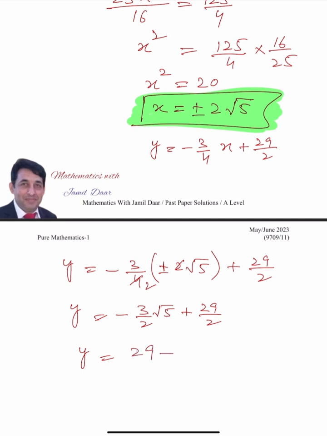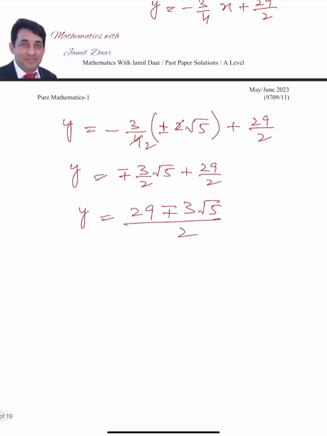So y is equal to 29 over 2 minus plus 3 over 2 square root of 5. So this is the y coordinate.